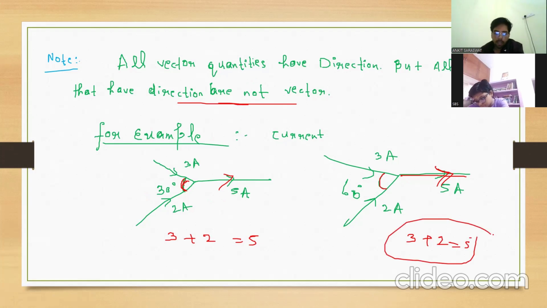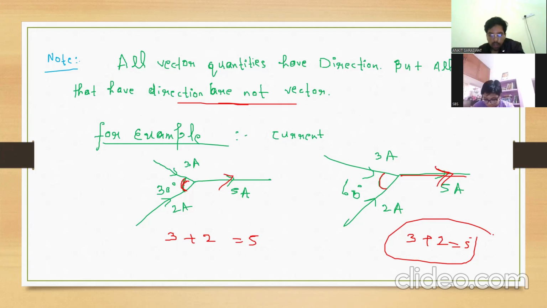It does not obey the vector law of addition. Even if you change the angle between the two wires, it is still 5 ampere. It means it does not depend on direction. All quantities that have direction are not vectors; the case is electric current.